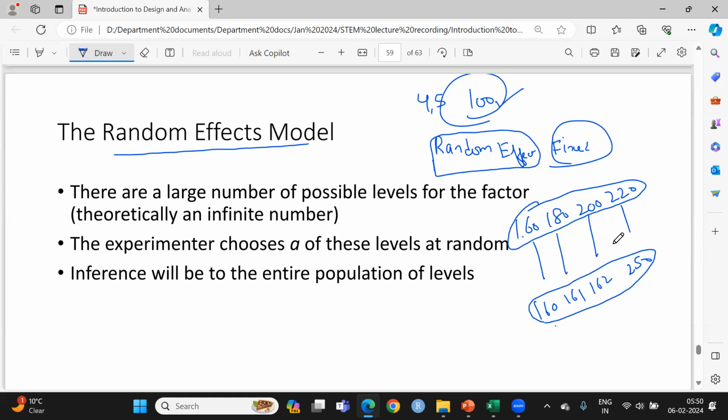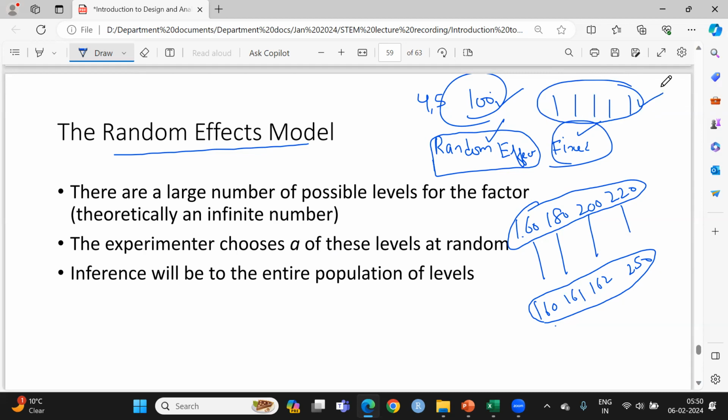And whatever conclusion we get from here can be generalized to all those remaining levels also. So that is called random effect. And in the fixed effect, whatever levels we have with us, we implement our analysis only on those levels, and we can't generalize the result for the remaining levels, right?